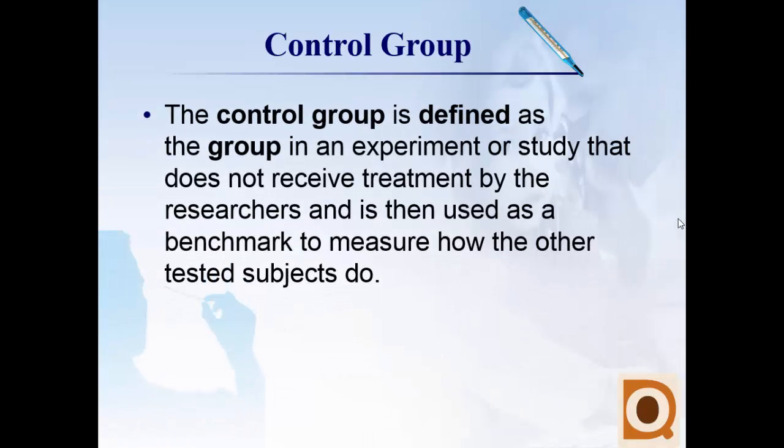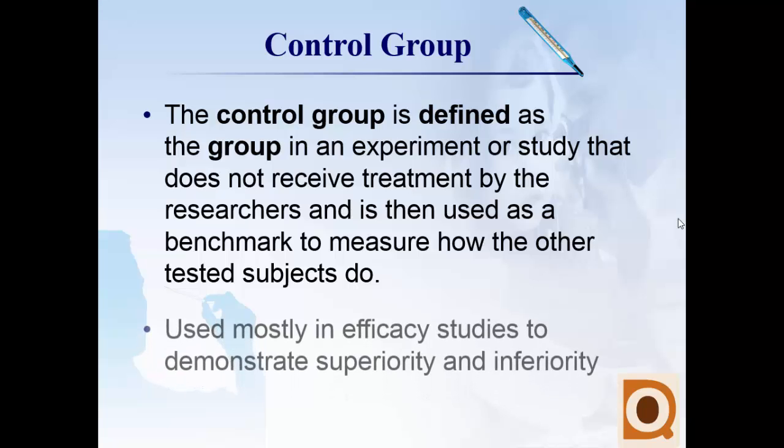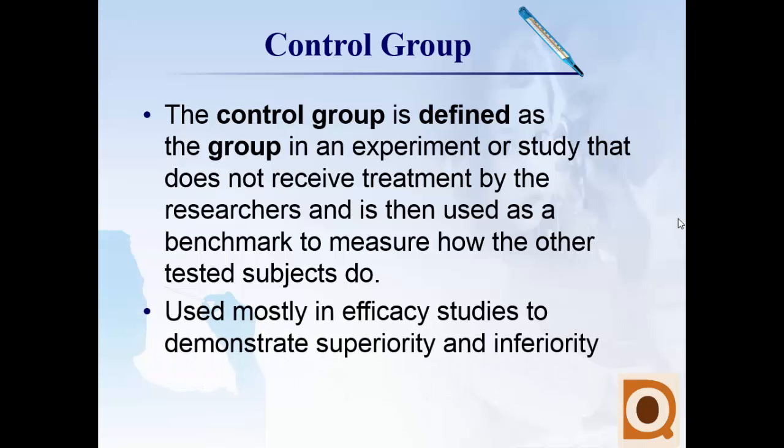A control group is defined by scientists as a group in an experiment or study that does not receive treatment by the researchers, and is then used as a benchmark to measure how the other subjects are doing. And it is highly desirable to have a control group in efficacy studies to be able to demonstrate superiority or inferiority.